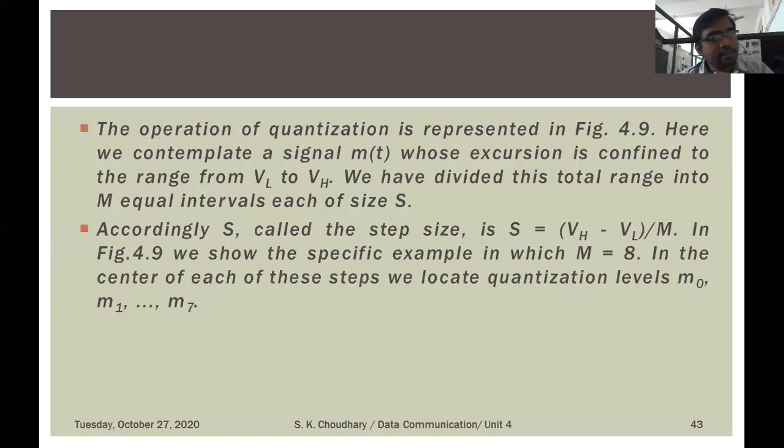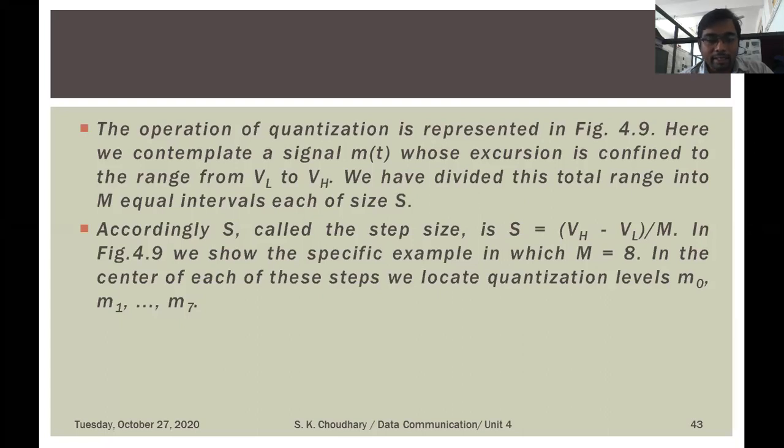Here s is the step size, which is nothing but the range of the signal divided by the total number of intervals, that is (VH minus VL) upon M. For a specific example, you can take any integer value of M, but in the example we are going to learn, M is equal to 8, meaning we consider only 8 levels.